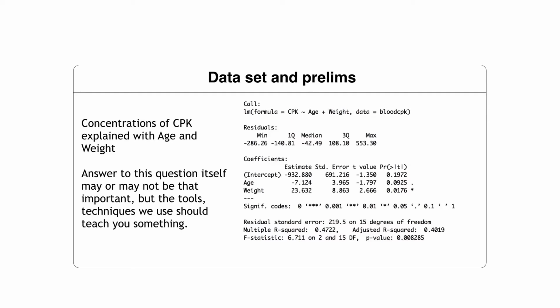Or maybe we say, okay, what happens as people grow older? Do creatine phosphokinase levels fall off, or do they tend to increase? And does it mean that people who are heavier, or after adjusting for their weight, what happens to that?